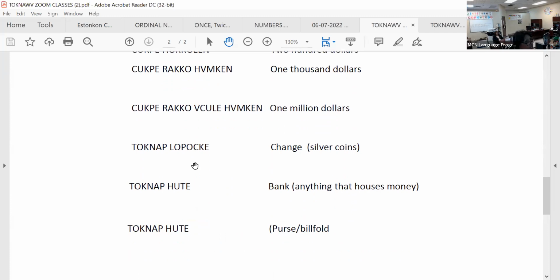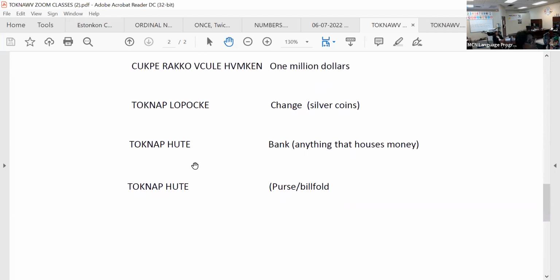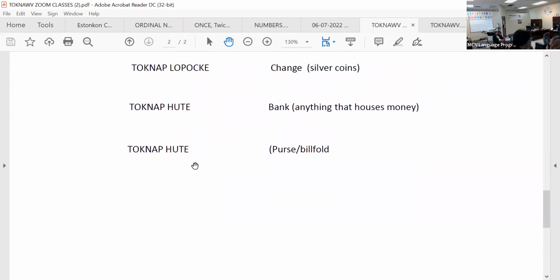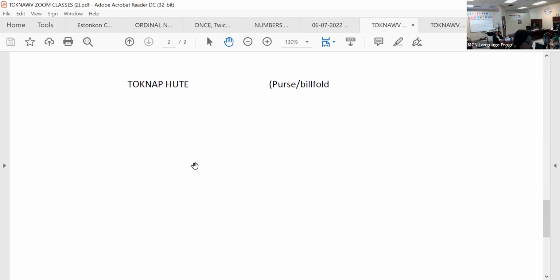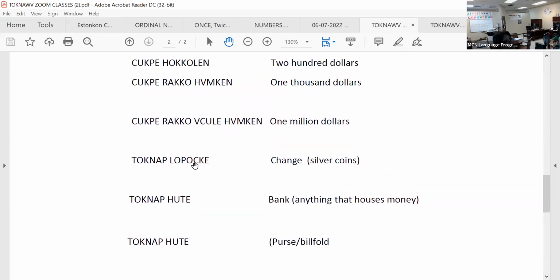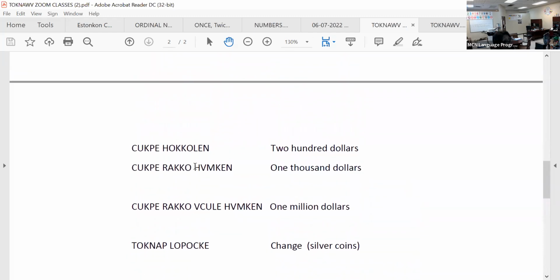A purse or a billfold is dognap hoodie too. Remember, anything that houses money is dognap hoodie. Dognap lobochkoji is change. Okay. Chokpisako Ajoli Hamgin, $1 million.